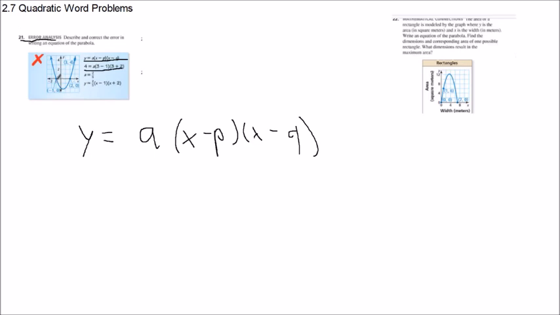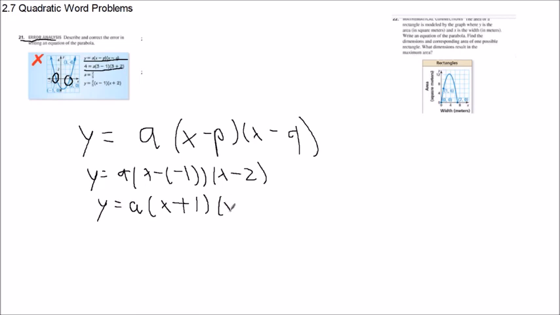And we already have our two solutions. It's -1 and 2. This is minus p and minus q. So we do y equals a times x minus -1, x minus 2, which is y equals a times x plus 1, x minus 2.